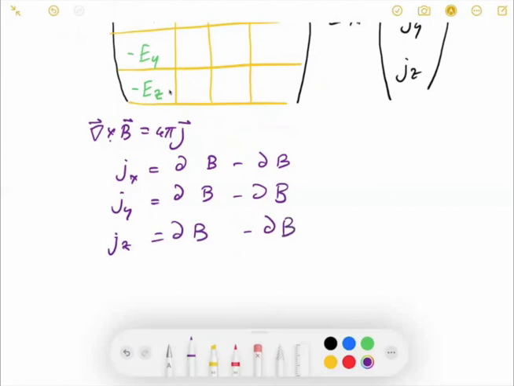Okay, so this is x, y, yx. This is z, x, z. And this would be y, z, y.